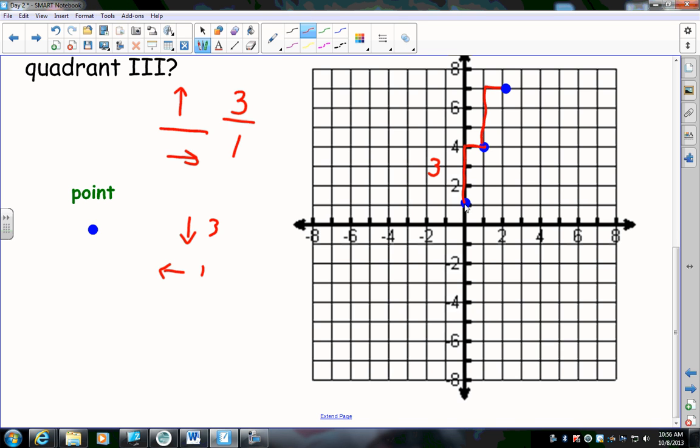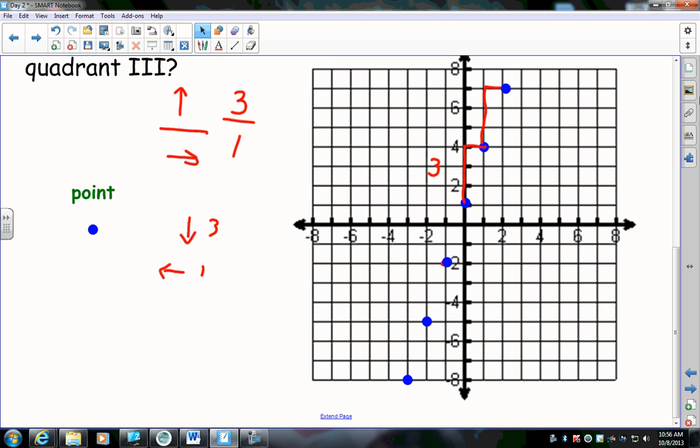So I'm going to start here and go down 1, 2, 3 to the left 1. There's my new dot. Starting back at my point, I'm going to go down 1, 2, 3 to the left 1 and put a dot. Again, starting at that point, I'm going to go down 1, 2, 3 to the left 1 and put a dot.